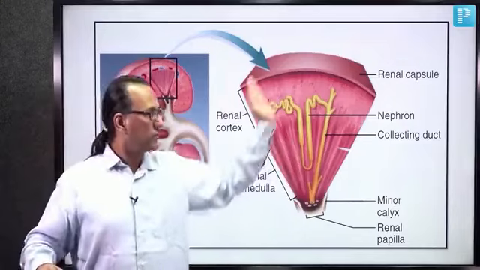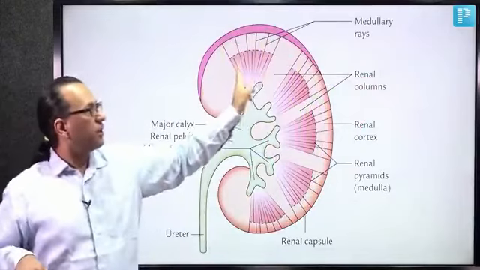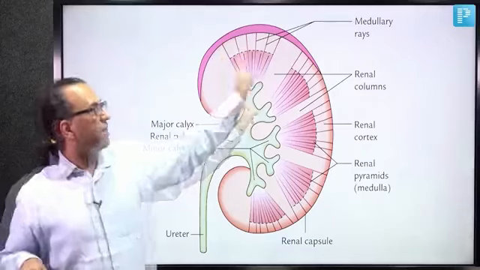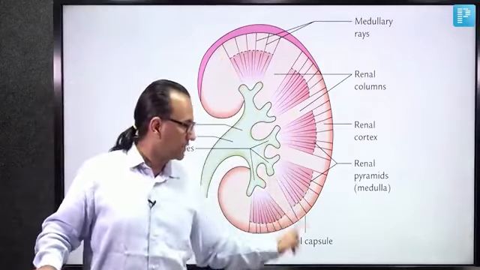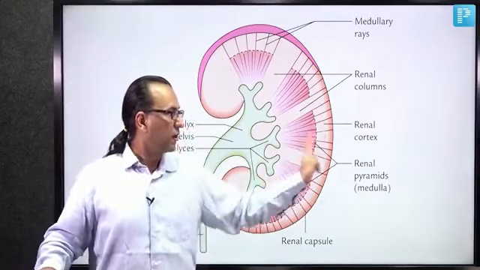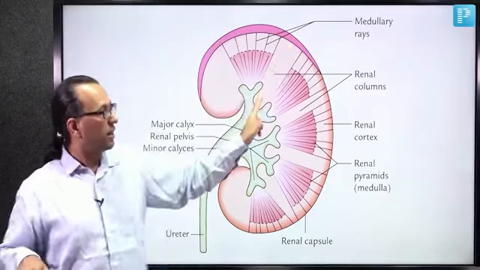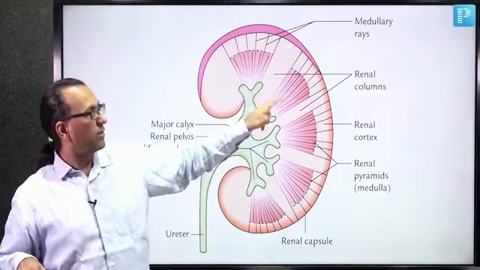As you go into more details of the kidney, you'll find there is outer cortex and inner medulla. But then it is understood that the medulla, which is called renal pyramid as well, is extending into the cortex. And on the other hand, the cortex is extending in between the medulla. So these are called renal columns, the cortex extending between the medulla.